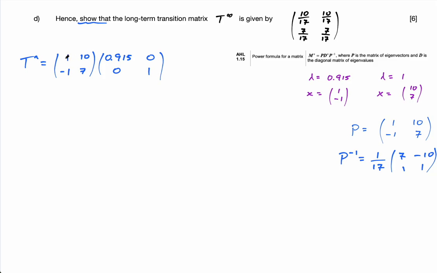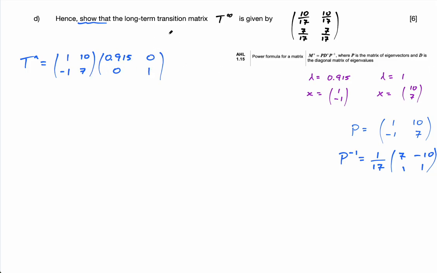What's important, guys, is that if this is the eigenvector 1, negative 1, then the first eigenvalue in this matrix is the corresponding one. So the 1, negative 1, its eigenvalue is 0.915. The 10, 7, its eigenvalue is the 1, hence the 1 over here.